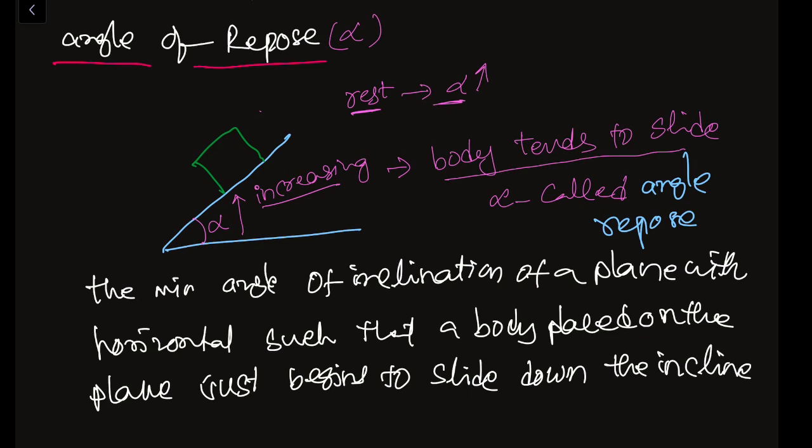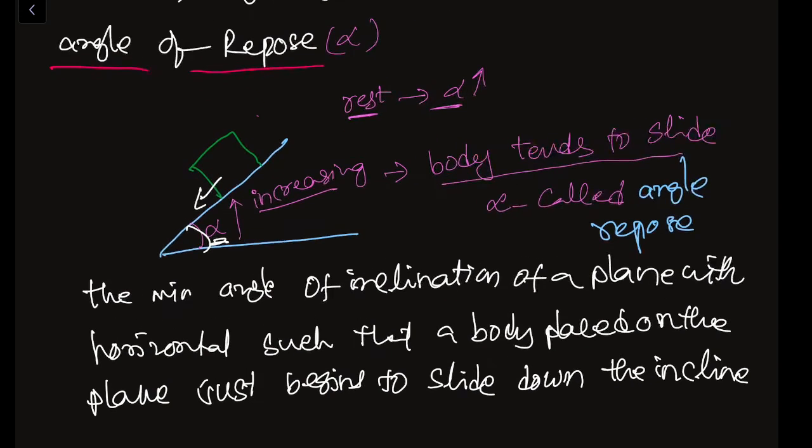By increasing the alpha value, at a particular angle we observe the body moves down. That angle we call the angle of repose. Got it, children? Yes.